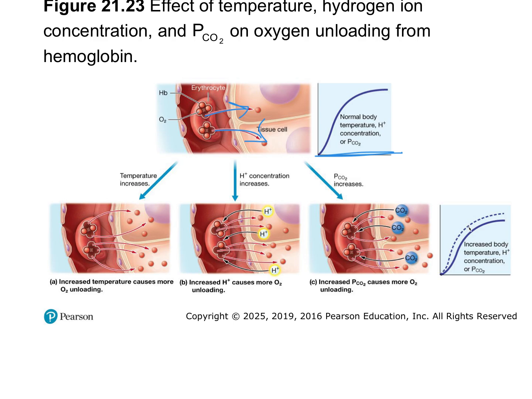If we have an increase in any of these, so temperature increases, and this might be due to exercise, then we see even more oxygen being unloaded. Or if the hydrogen ion concentration increases, then we get even more oxygen being unloaded. Or if we see an increase in the partial pressure of carbon dioxide, then we get even more oxygen unloaded than normal.